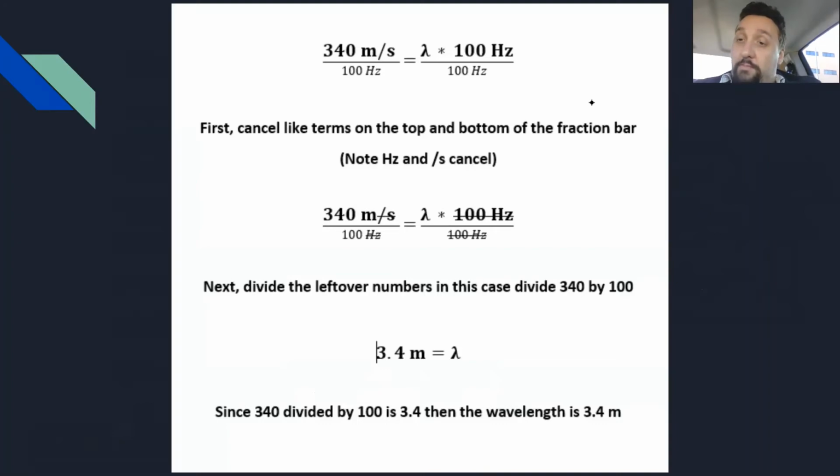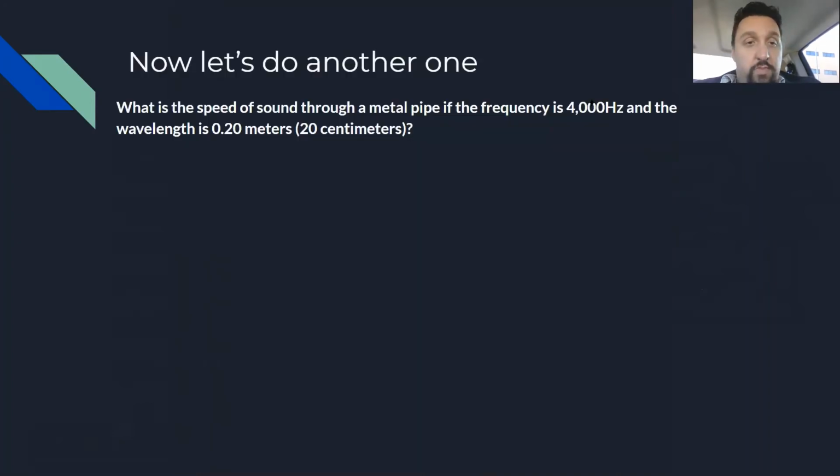Now let's do another one. What is the speed of sound through a metal pipe if the frequency is 4,000 hertz and the wavelength is 0.2 meters? Step 1. If we're going to solve this, we've got to find our knowns.